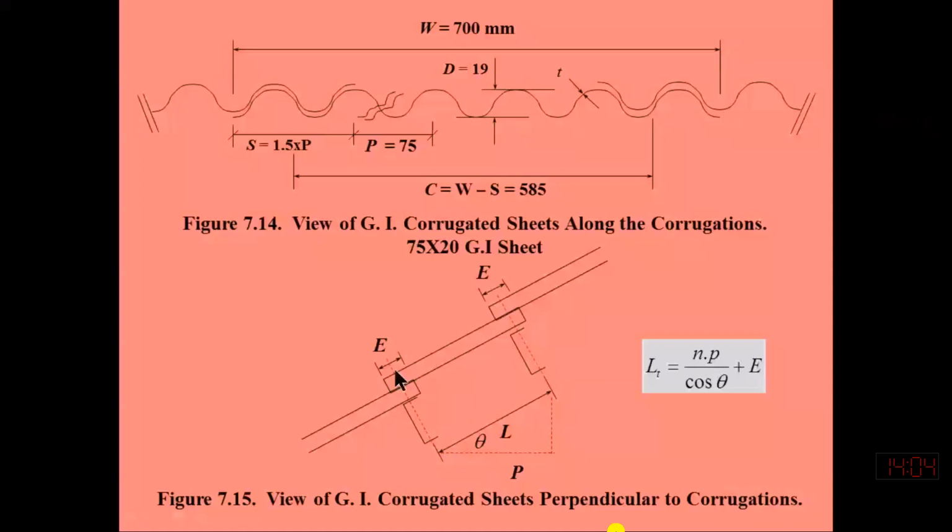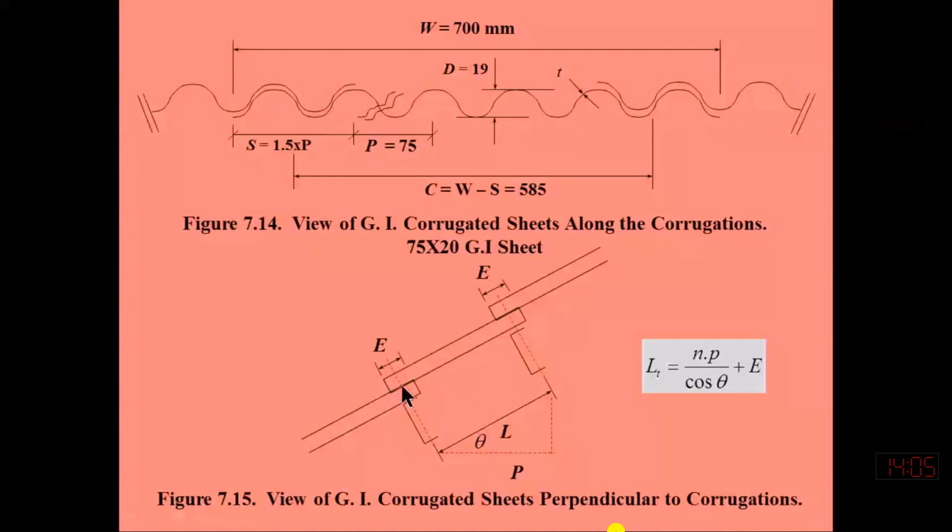So this is the distance from the center to the center of this point. So the total length of the sheet is half end lap on one side, E by 2, and half end lap on the other side.